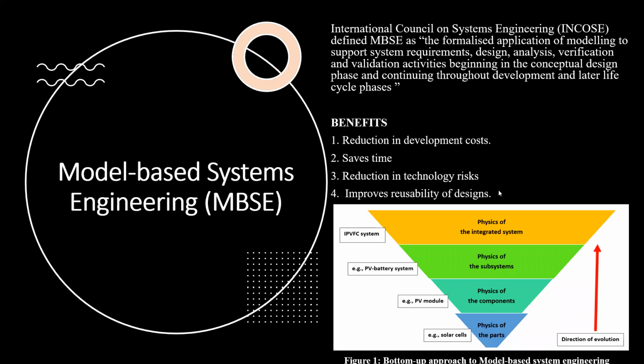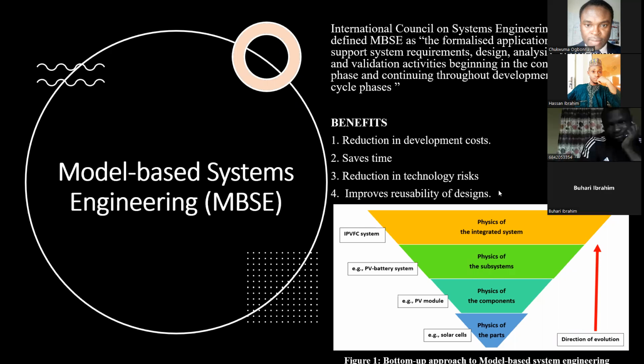Another aspect is that it can save time. Model-based systems engineering saves time because you can investigate different scenarios and then reach a conclusion on the best scenario to take. Okay, so the next one is that it reduces technology risk. Model-based systems engineering can help you reduce technology risk.